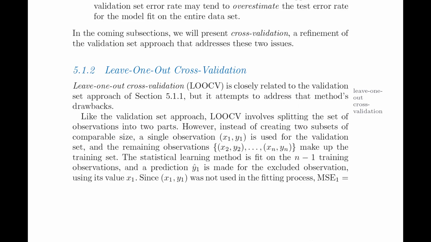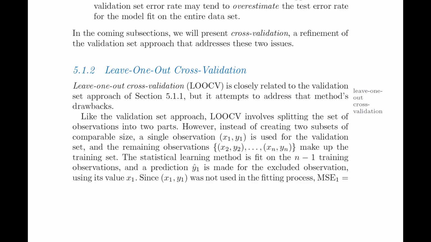And I think it's very easy to guess what we're going to do over here. It's abbreviated to LOOCV, is closely related to the validation set approach of section 5.1.1, what we've just done, but it attempts to address that method's drawbacks.